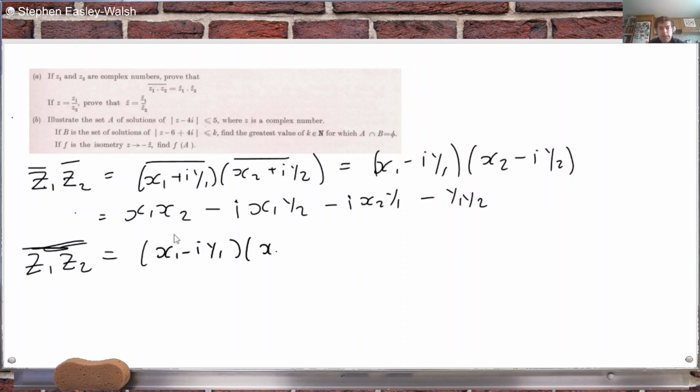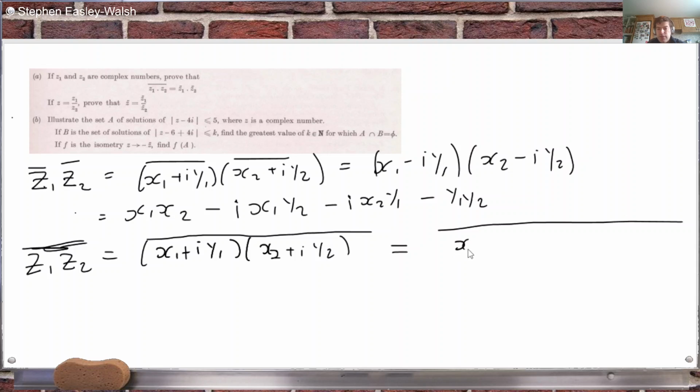Okay. So conjugate the whole thing. X2 plus iY2. So now I'll have to multiply it out and then conjugate. So that's X1 X2 plus i X1 Y2 plus i X2 Y1 minus Y1 Y2. So conjugating means you change the signs on the i's.